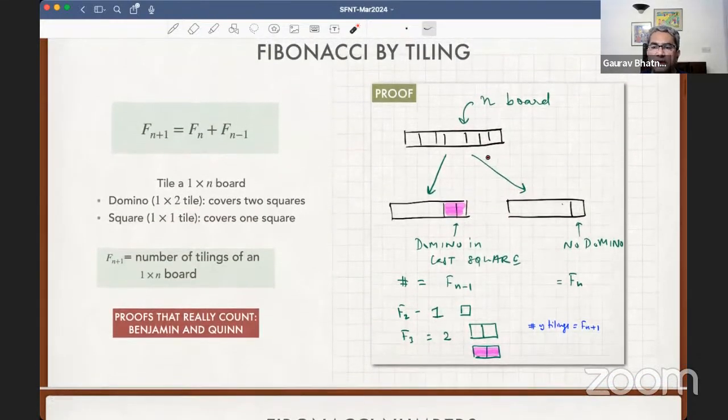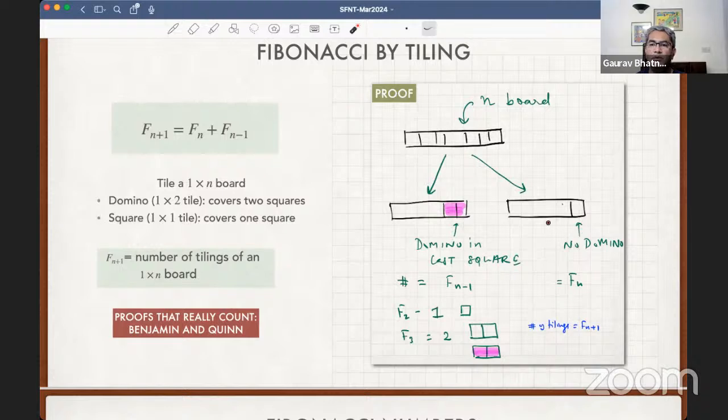And we can check that this actually is the Fibonacci number. So if you think about it, here's an n board. You can put all the tilings into two buckets: the last tile is either a domino or a square. If it's a domino, then the number of tilings in this case would be F(n-1), because if you delete this, you get a board of size n minus 2.